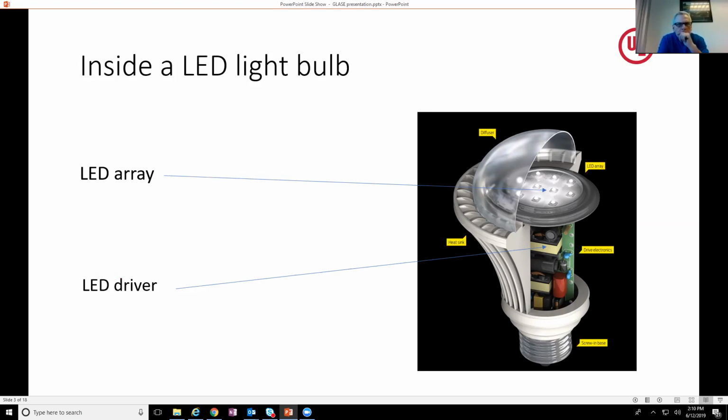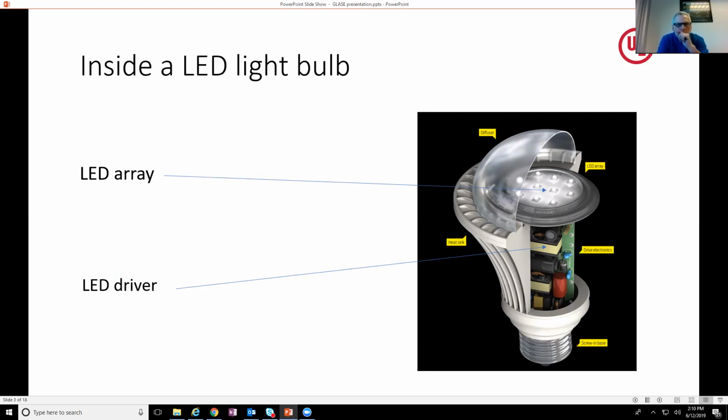Over time, that lighting system has matured to a point where there is some correlation between the types of light sources and the types of ballasts. That is not true in LED lighting today.